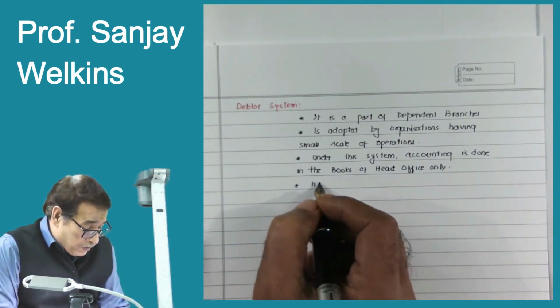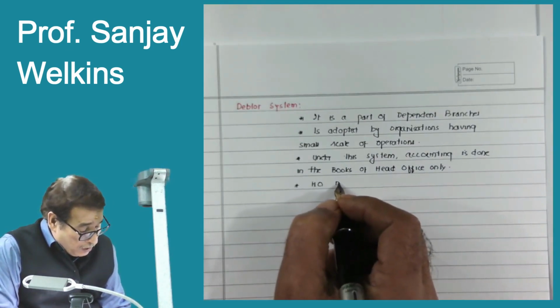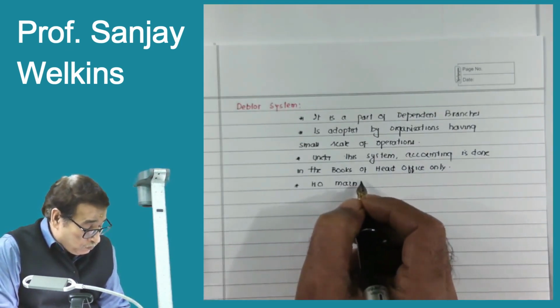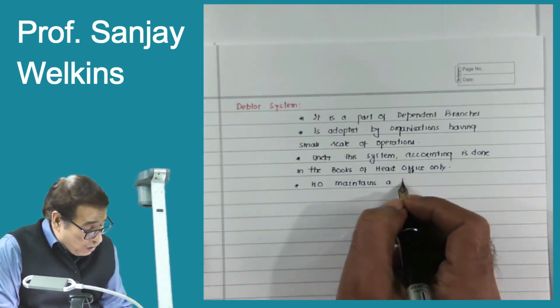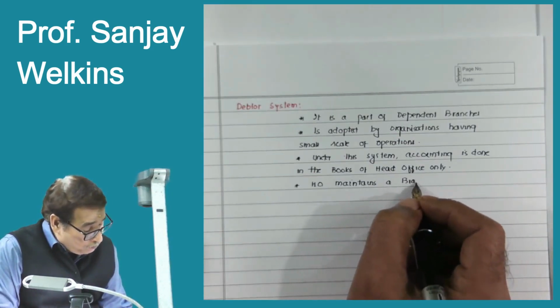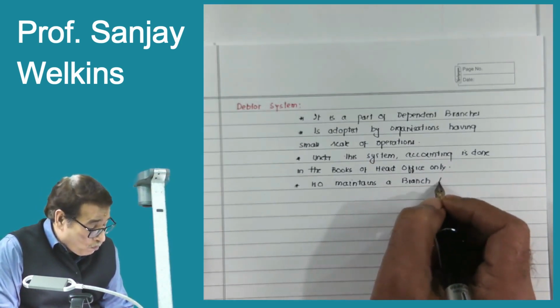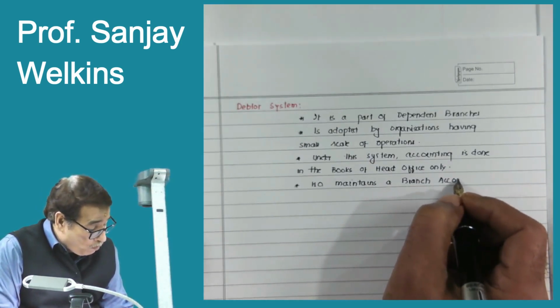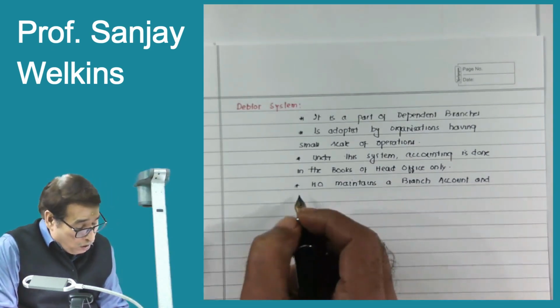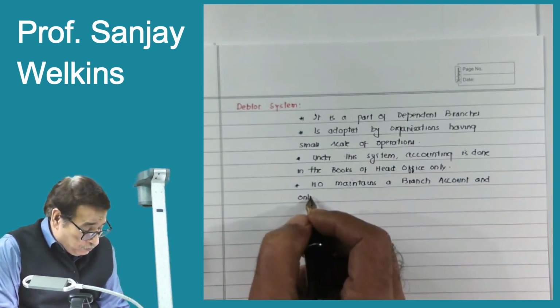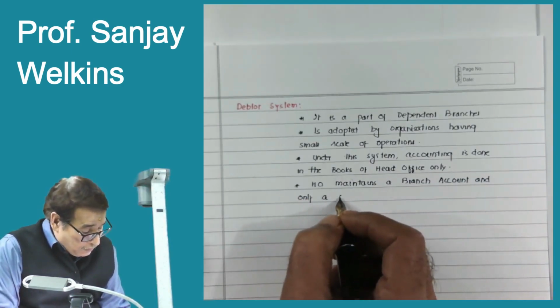Head office maintains a branch account and only a sales ledger.